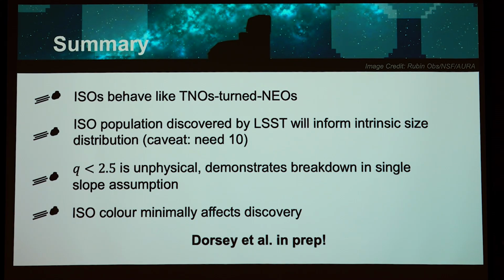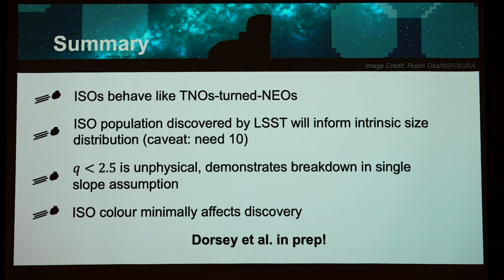A slope of 2.5, if we're assuming the single slope, which is just a basic assumption at the moment, is unphysical because we're punching through our observable sphere and the completeness never ends. And lastly, the colour of our interstellar objects does have some variability in the number that are discovered, but not enough to raise too much concern. Thank you very much.